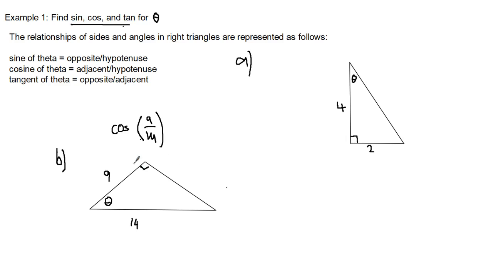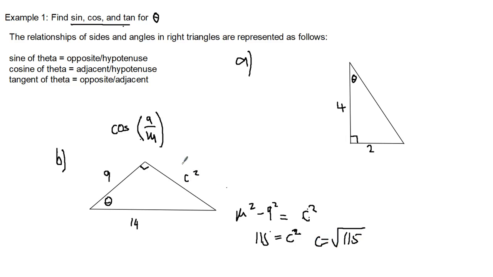So we actually got to find this other side. The other side we could just do by Pythagorean theorem. That's 14 squared minus 9 squared equals c squared. That is 196 minus 81, which is 115, equals c squared. So c is equal to the square root of 115.